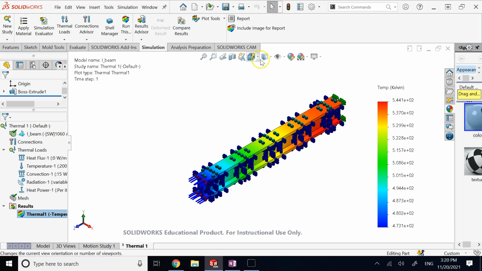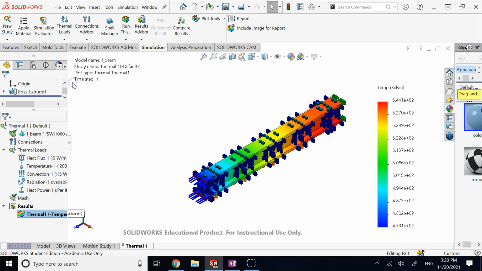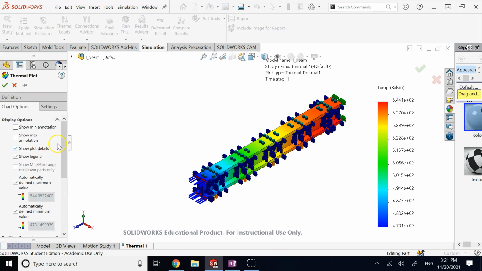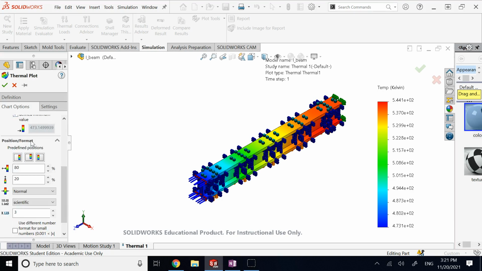So this is just some basic thing. And then as I told you, you can do ISO clipping, section clipping. You can look at all sorts of chart options for this temperature, right? You can show min and max annotations, correct? And everything that might be useful to you, correct?